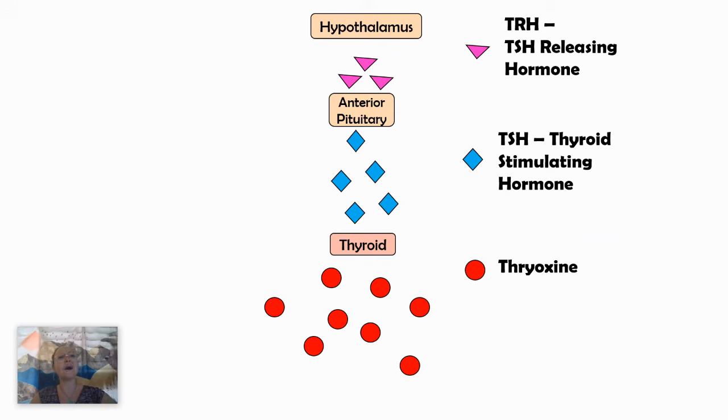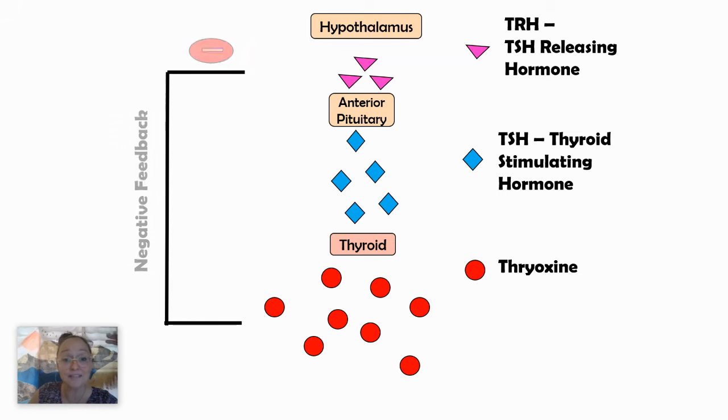However, if we get a lot of thyroxine, we need to slow this down. So if thyroxine levels increase too high, then those levels of thyroxine will be detected by the hypothalamus as well as the anterior pituitary. That information, that level of thyroxine in the blood, we call it feeding back, and the hypothalamus will detect how much thyroxine there is, and it will slow down its TRH production.